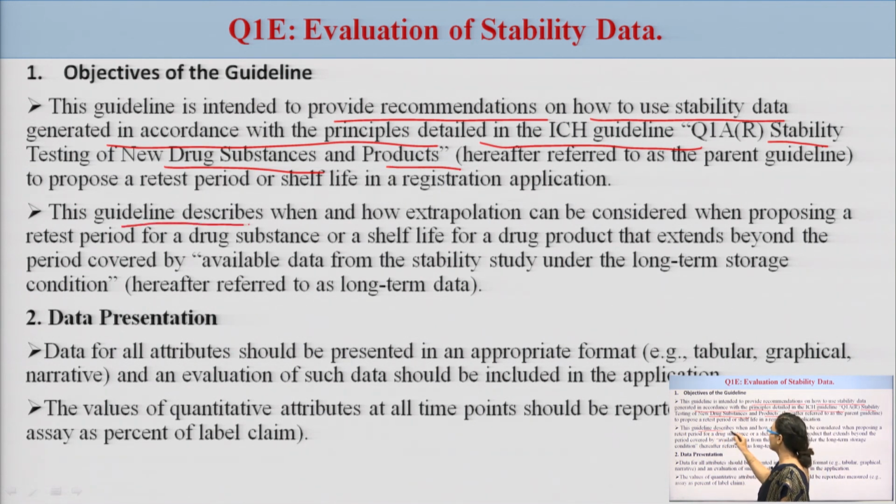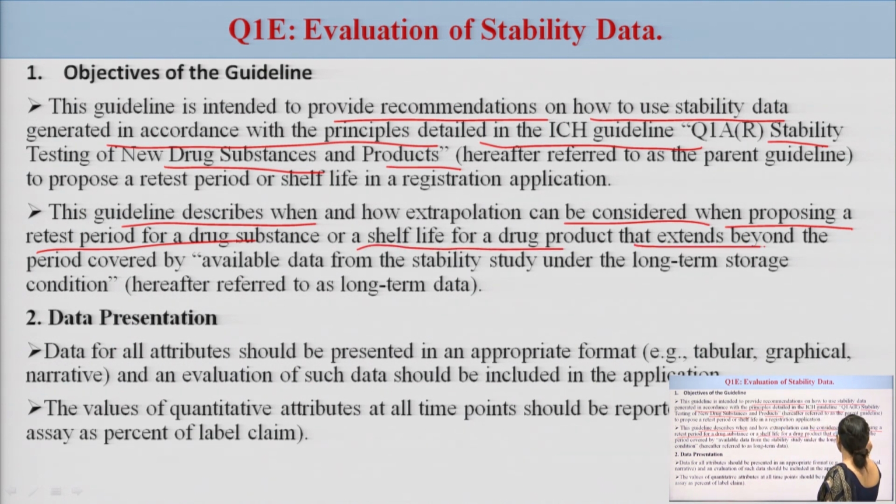This guideline describes when and how extrapolation can be considered when proposing a retest period for drug substances or a shelf life for a drug product that extends beyond the period covered by available data from the stability study under the long term storage.